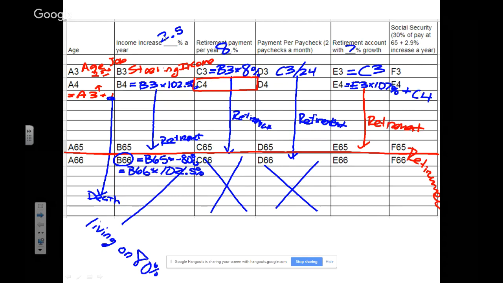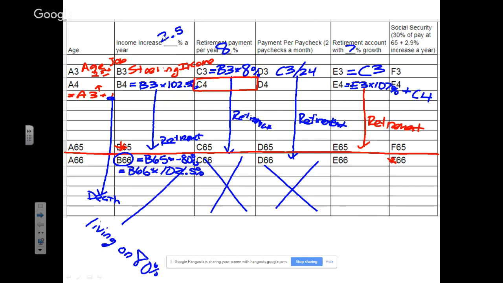Now our retirement plan. Or actually, before we do that, let's talk about Social Security. Our Social Security, we don't get it until we're retired. So if we have money here, then our first pay from Social Security is going to be the line below it.